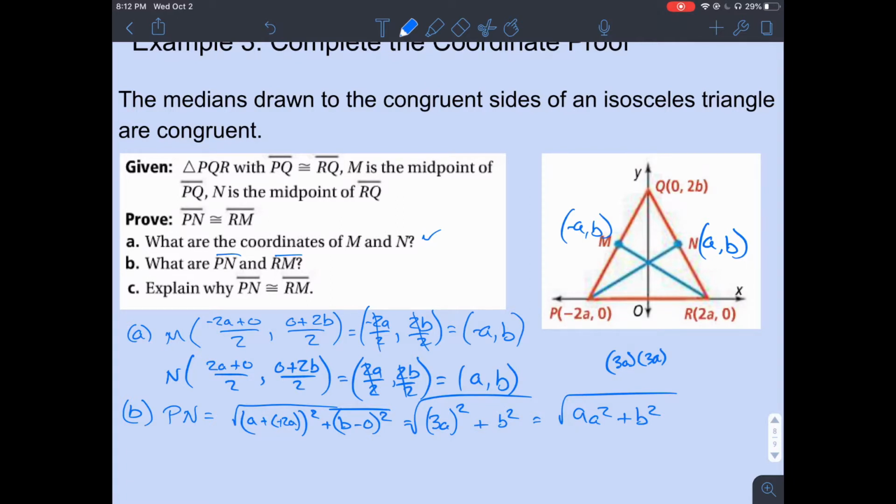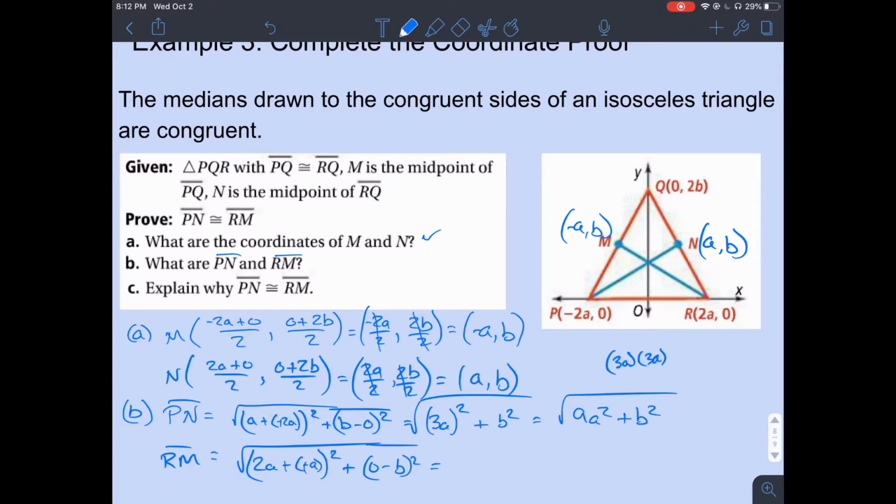So now let's look at the length of RM. We'll start with 2a minus negative a, all squared, plus 0 minus b, all squared. So once again, we'll change our signs here to make it plus.